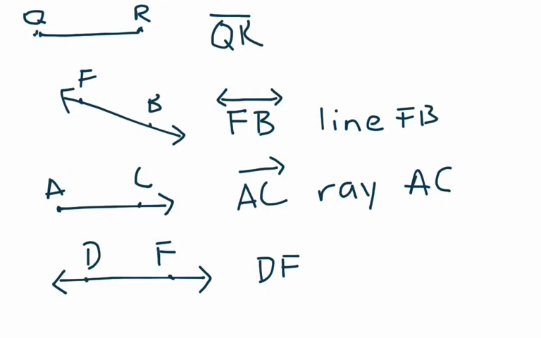It's not a ray because it does not have a beginning point. It continues on both sides, so we know that it is a line, and we represent lines with a little symbol like that. Or we could also say line DF.